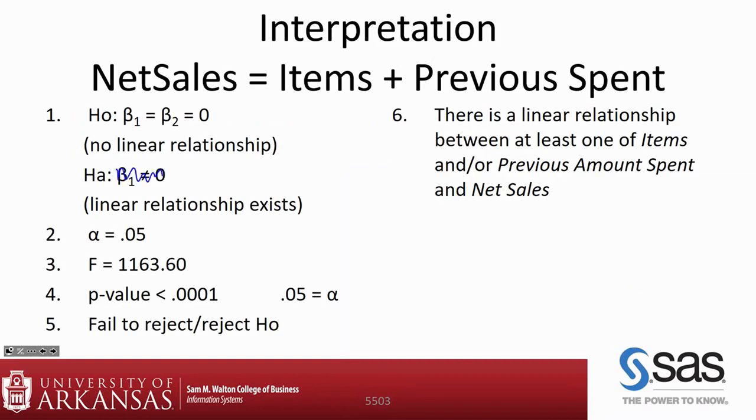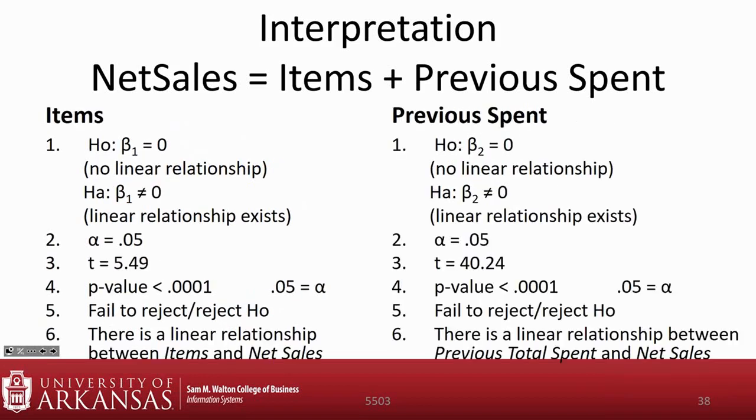Caveat here: this should actually be at least one slope isn't equal to 0. So either no linear relationship or a linear relationship exists. Our p-value is small. We reject our null, so there is a linear relationship between at least one of these variables.